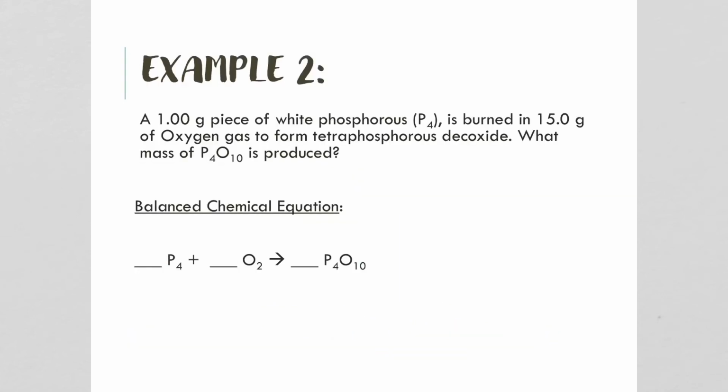Now sometimes you'll be asked to go the step further. So figure out what the limiting reactant is and then calculate the mass of the product. So in this one, you have to be careful by the wording of the question because it's not asking you to actually find the limiting reactant.